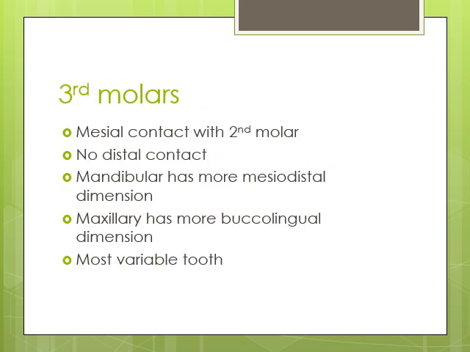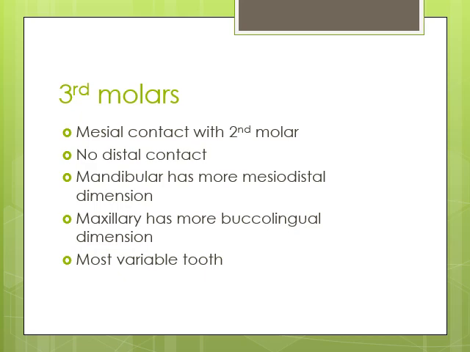The maxillary third molars and mandibular third molars both have mesial contact with the second molars. They are non-succedaneous teeth. As you all know, the molars are all non-succedaneous, and they have no distal contact.